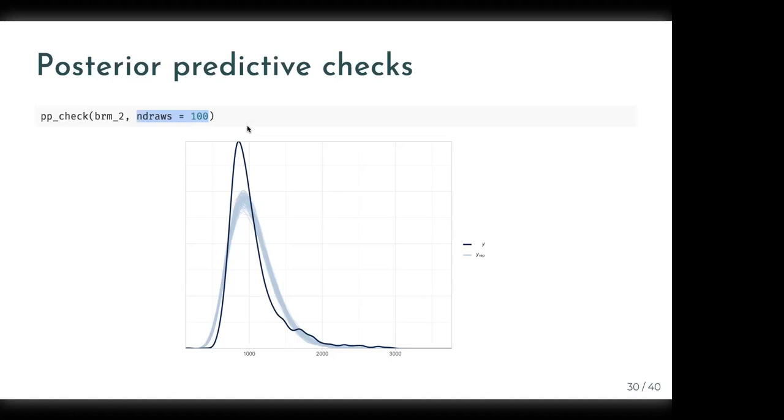That's also fine. It's problematic when it's really, really off, when you clearly see that the light blue lines do not match the dark blue. I would say that this case that you see now on the screen is sort of midway. I would probably say that this model is not great for the data. But I'm a bit biased because I know that there are more predictors and I know that I can do better, right?